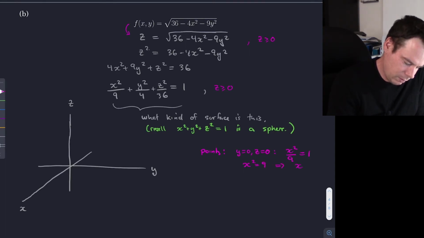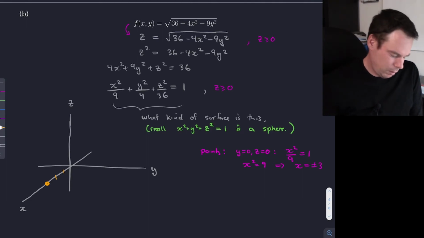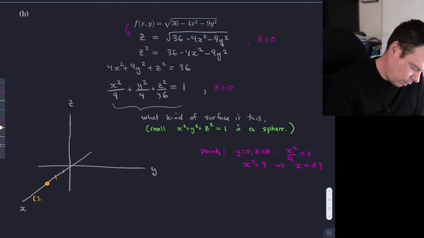Or in other words, x is plus or minus 3. So we have that. It has that point there, which is 3, 0, 0 on it, and then also one back here, which is negative 3, 0, 0 on it.